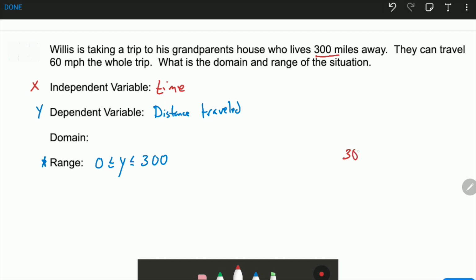Taking the 300, dividing it by 60, giving us 5 hours. So we know that the time we've been traveling spans from 0 to 5 hours. And of course, we're starting at 0 and ending at 5 hours.